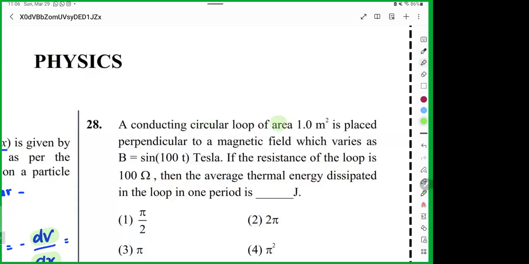A conducting circular loop of area A is placed perpendicular to the magnetic field, and the magnetic field is varying in this manner. Resistance is this. Average thermal energy dissipated in the loop in one period is dash joule.